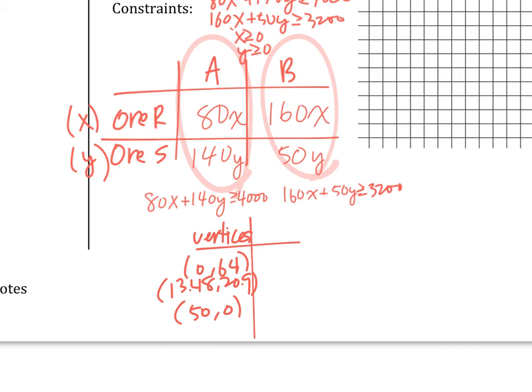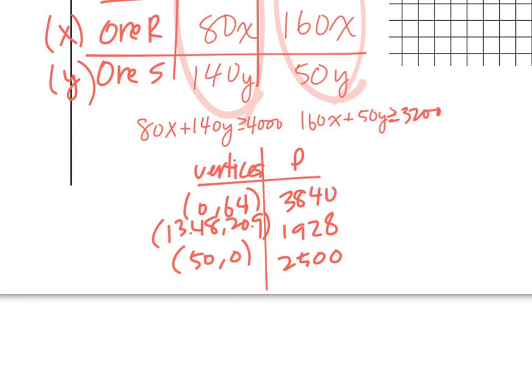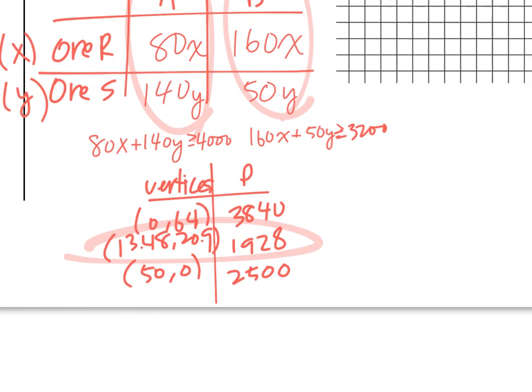So this gives me the objective value of 3840, 1928, and 2500. Okay, and then we had a good question. This is going to give me the minimum, obviously, but what does that mean in my ores, right? So we have 13.48 of ore R and 20.9 of ore S.